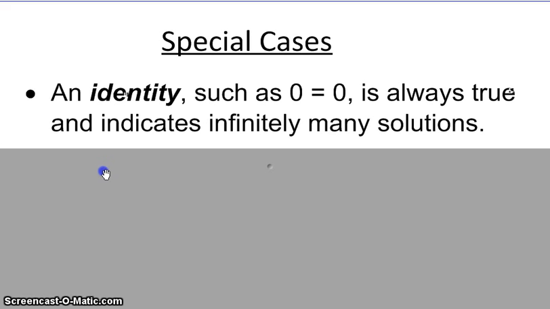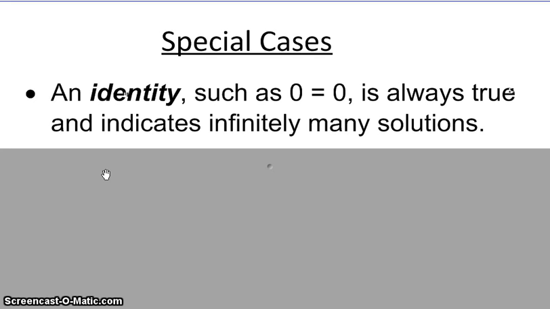And when we're solving equations, we run across 2 special cases, and both cases are going to occur after step 4 or during step 4. The first case is called an identity, and in step number 4, when I go to isolate the variable, my variable is going to cancel, and so I'm left with 2 constant terms.